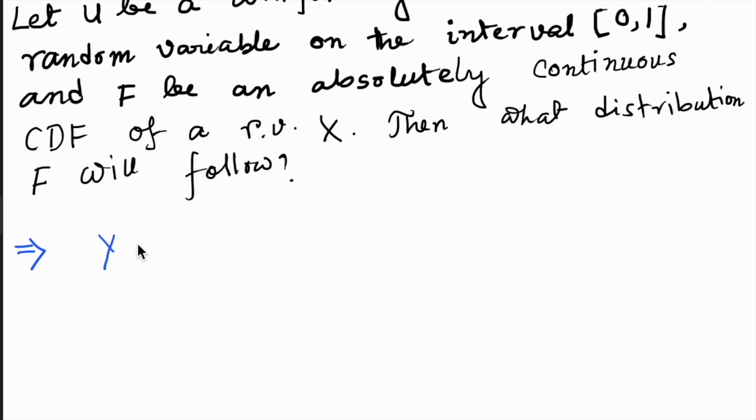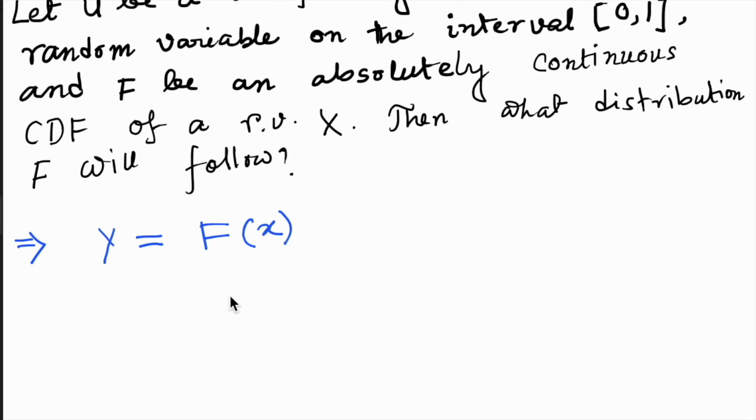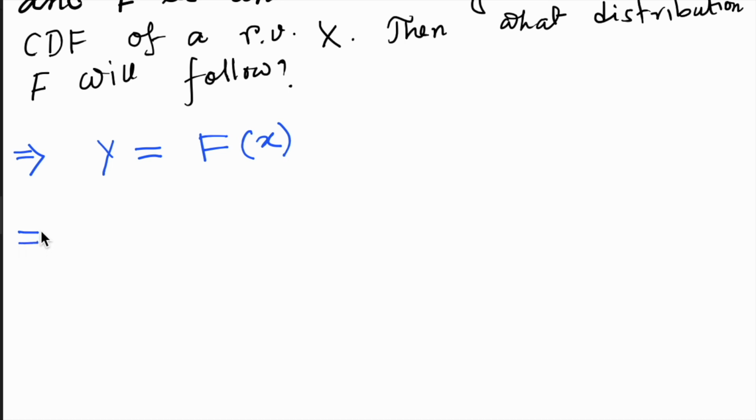Let's define our random variable Y equal to F(X), and we know from the property of the cumulative distribution function that the value of F(X) lies between 0 and 1.